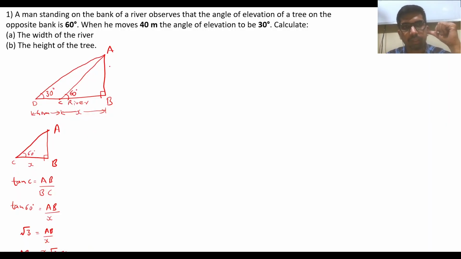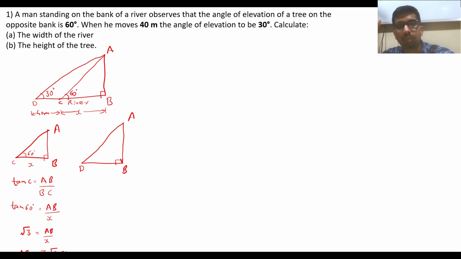Now we'll draw triangle ABD. In triangle ABD, see, the man walked 40 meters from the edge of the river, and the river width is x.